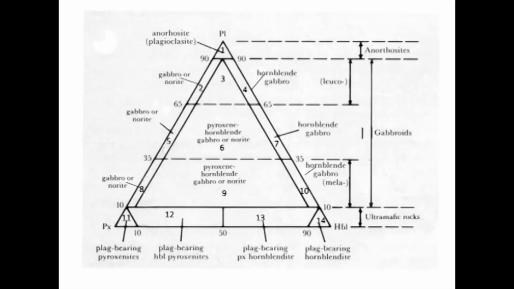Now, next important assemblage: if hornblende is present in basic igneous rocks, then we can draw the triangular diagram based on plagioclase, pyroxene and hornblende.